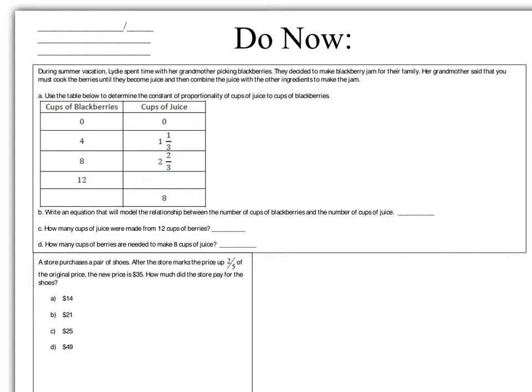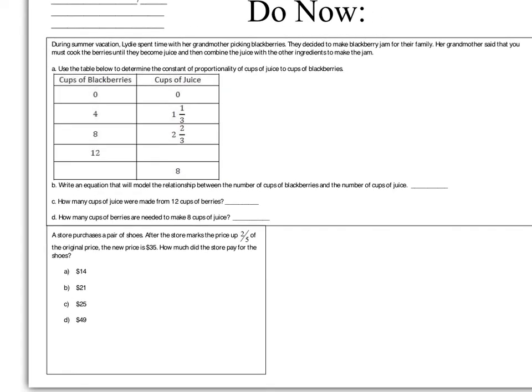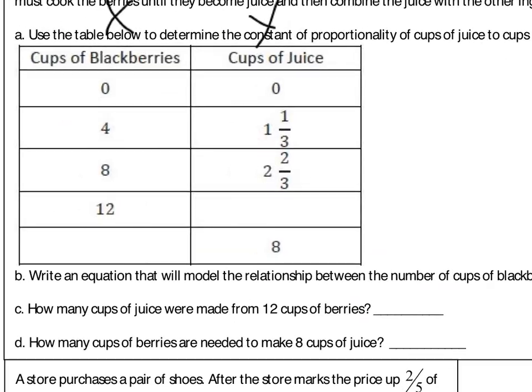So when we look at this, we can't really use the 0 over 0. We can use this one, so thinking about this as our x and our y. We can look at the second grouping here.